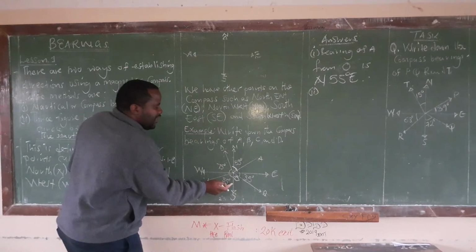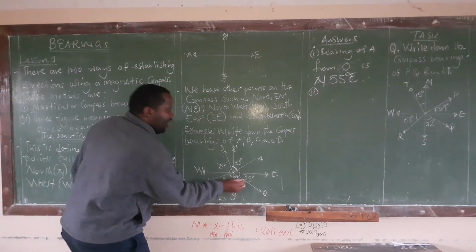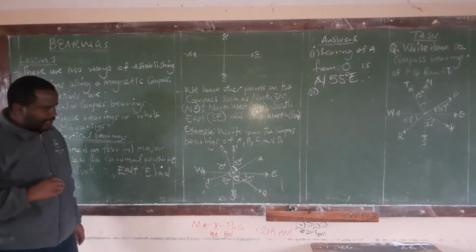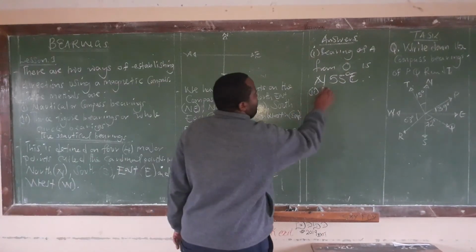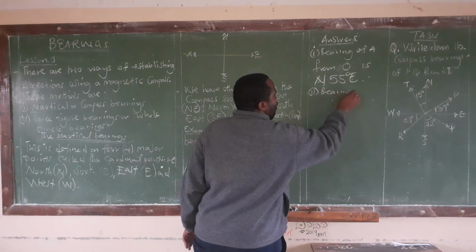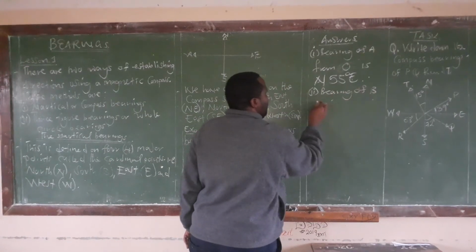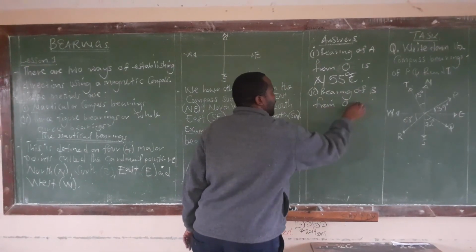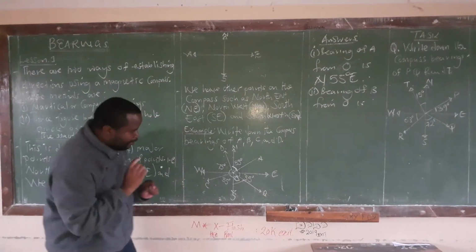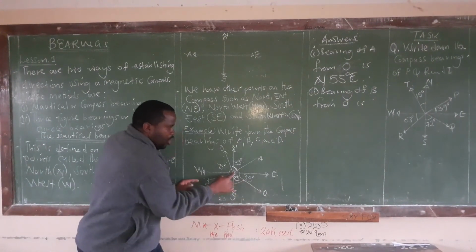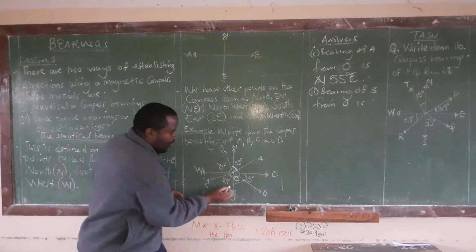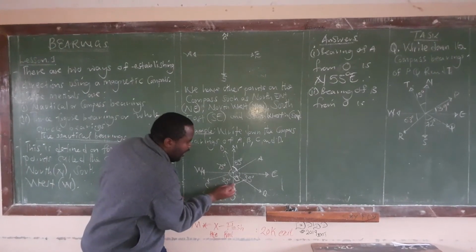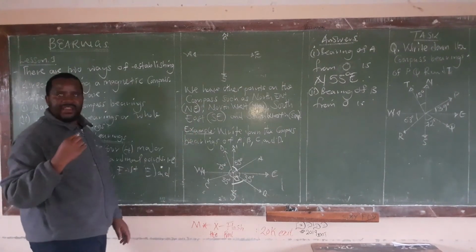So you move from the south pole up to the line OB. I want O, but my reference pole is the south pole, so I move from here to there. That is the bearing that we're talking about.